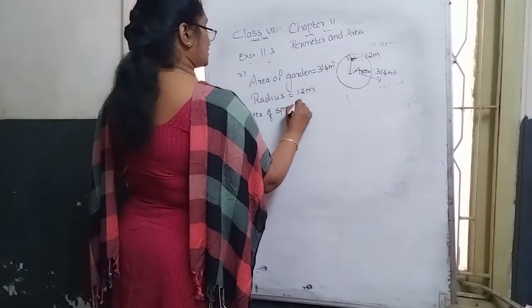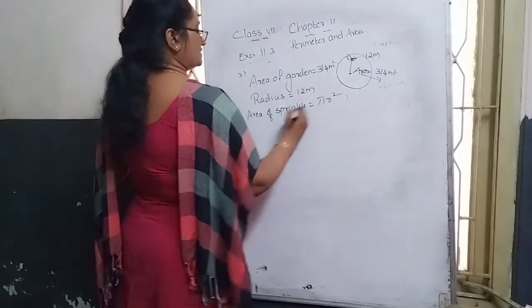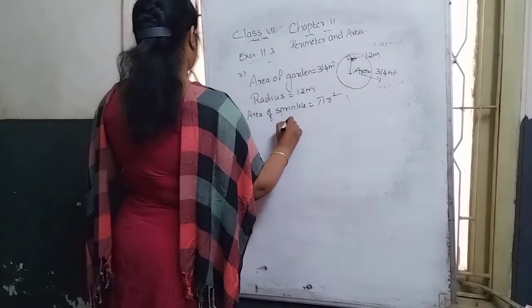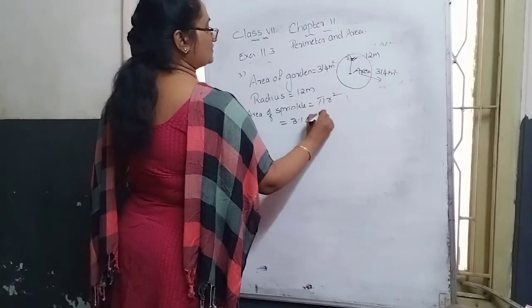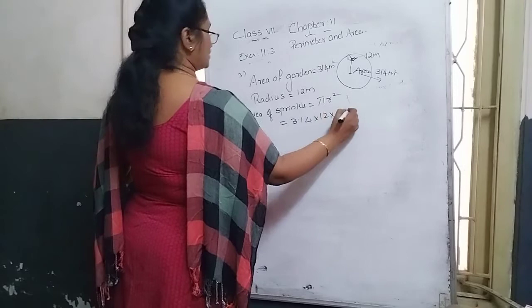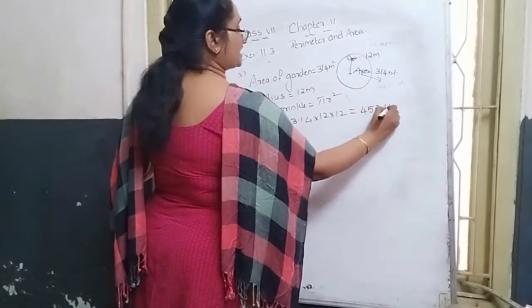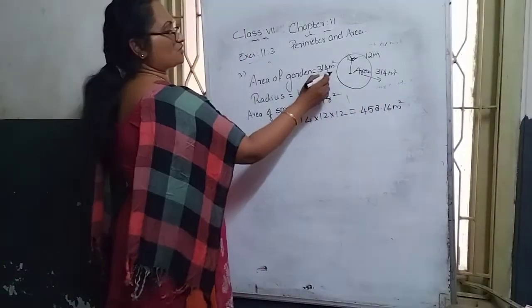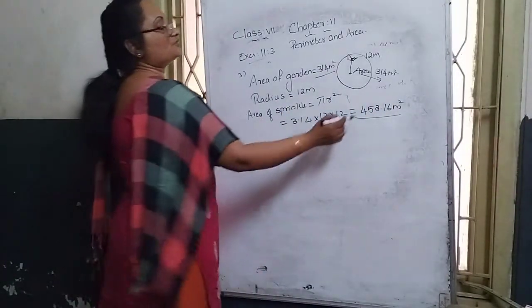The radius is given as 12 meters. The area of the sprinkler is pi r square, where pi is 3.14 and r square is 12 square. Multiplying, it becomes 452.16. Which value is more, 314 or 452? 452 is more.